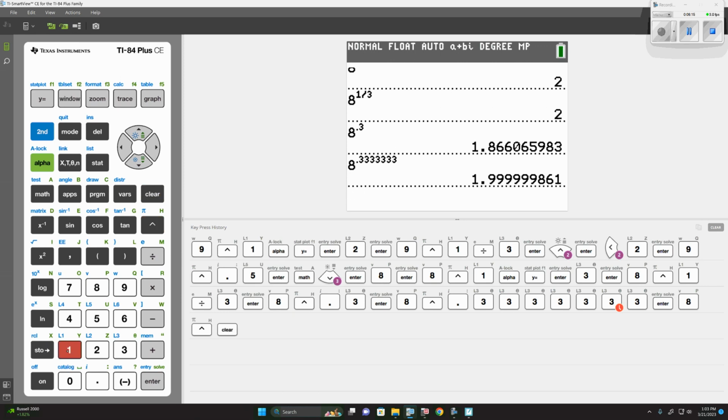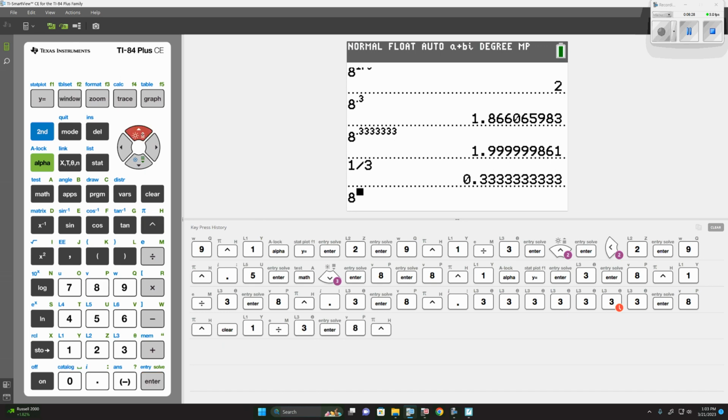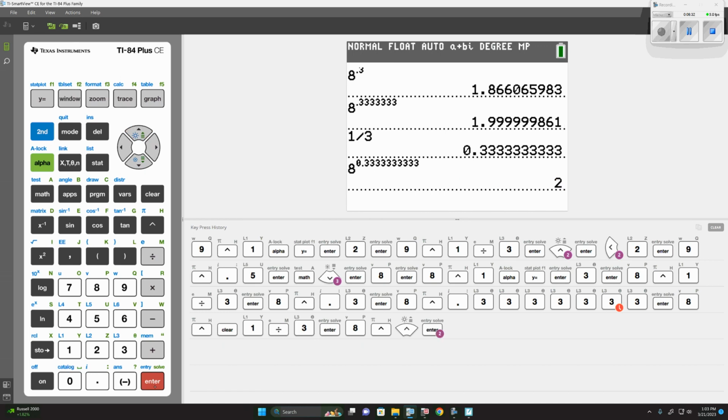Because what is 1 divided by 3? It's 0.3 repeated indefinitely. So there's no real good way to write that as a decimal. Because if we put enough 3's, it'll get close enough that it'll approximate it. But really with 0.3 repeating or 1/3 or 2/3, it's going to be better to just leave it as a fraction than a decimal.